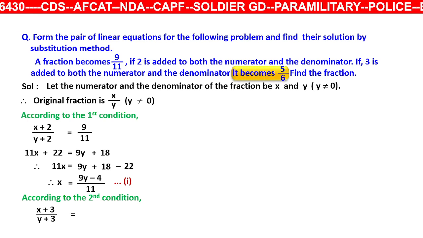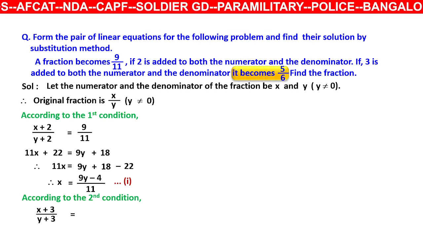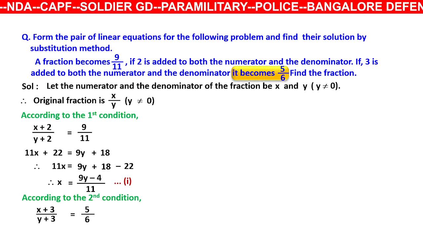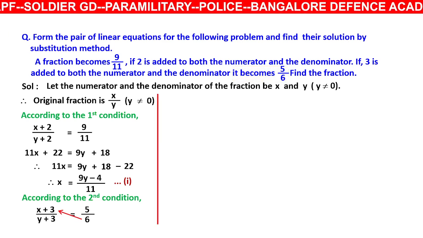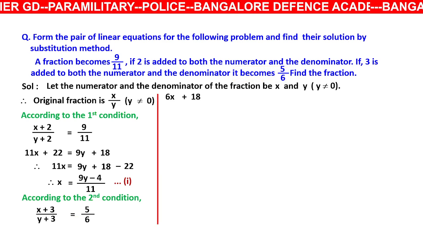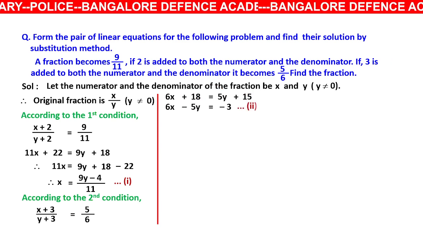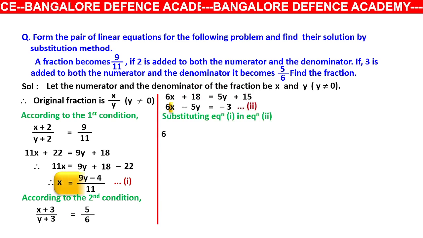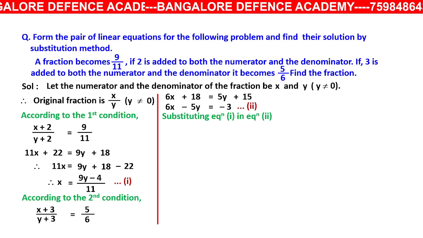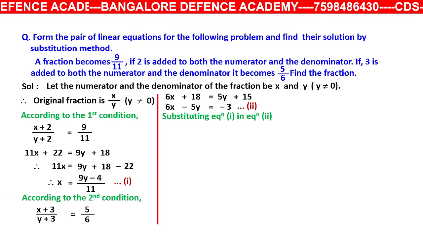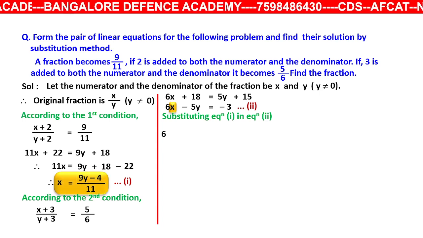So x plus 3 divided by y plus 3 is equal to 5 by 6. When I cross multiply, I get 6x plus 18 is equal to 5y plus 15. When I solve this equation, I get a linear equation that is 6x minus 5y is equal to minus 3.